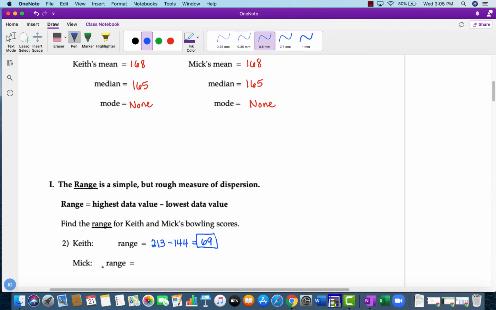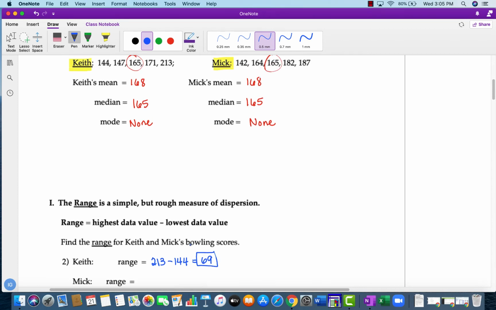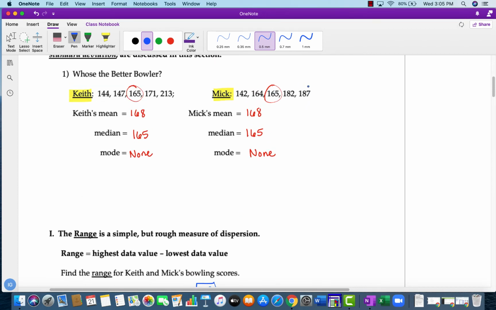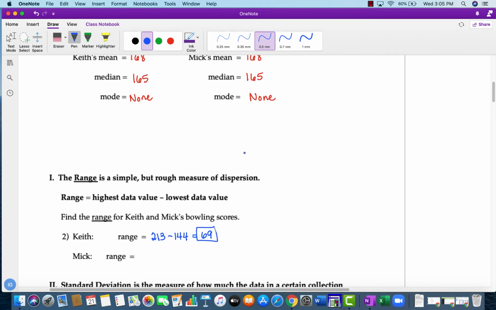We're going to do the same thing for the other person. The highest value is 187, minus 142. We do it in a different color. Type 187 in the calculator, minus 142. In this case, the answer is a smaller number, which is 45.